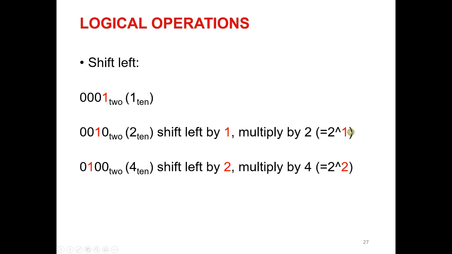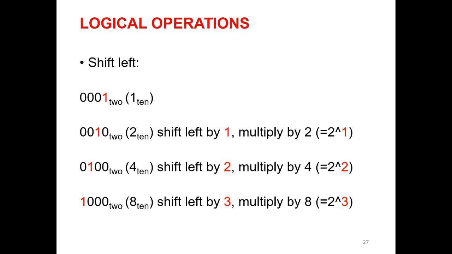So you see how we get the multiplying value related to the number of positions I shift left. It's just 2 to the power of the number of positions I'm shifting left. If I shift left 3 positions, it's like multiplying by 8, which is 2 to the power of 3.